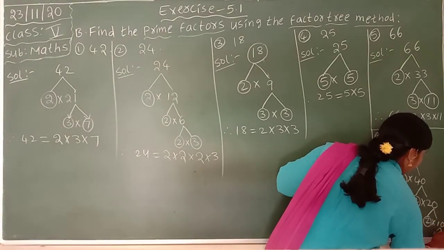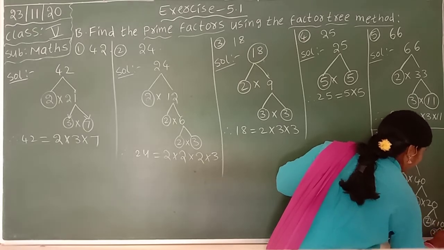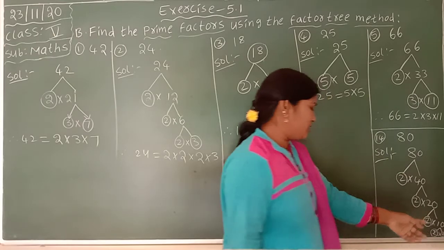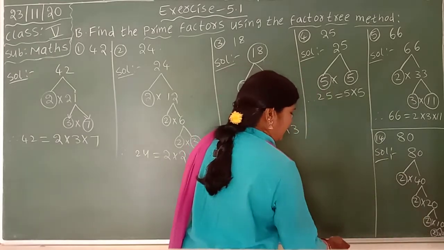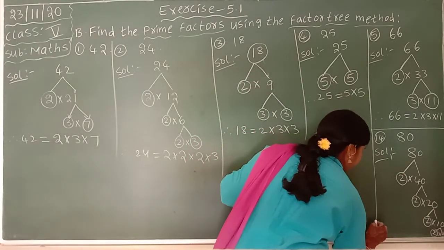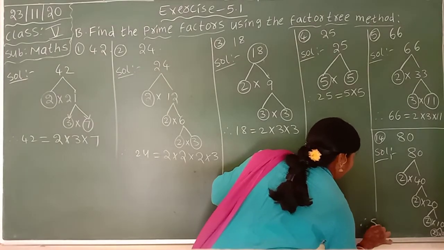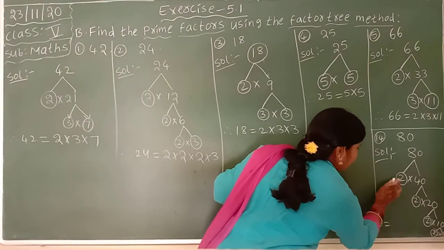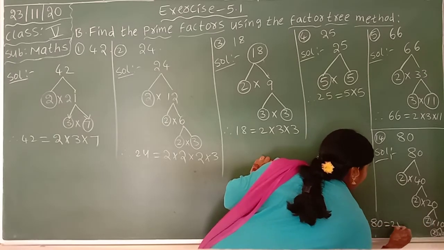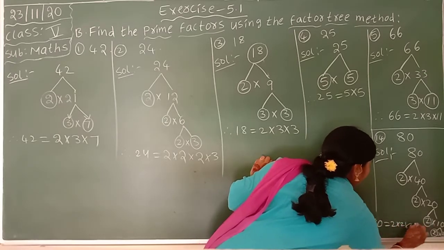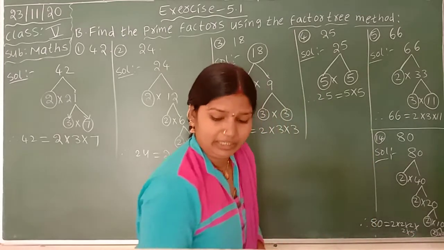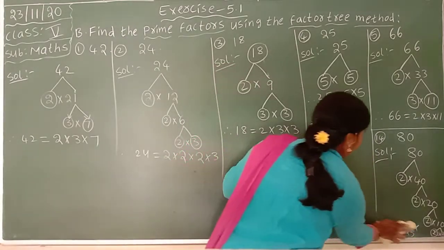Next, 2 into 5. Circle the 2 and 5. Why? Because these two are prime numbers. Therefore, 80 is equal to 2 into 2 into 2 into 2 into 5. Okay, see.